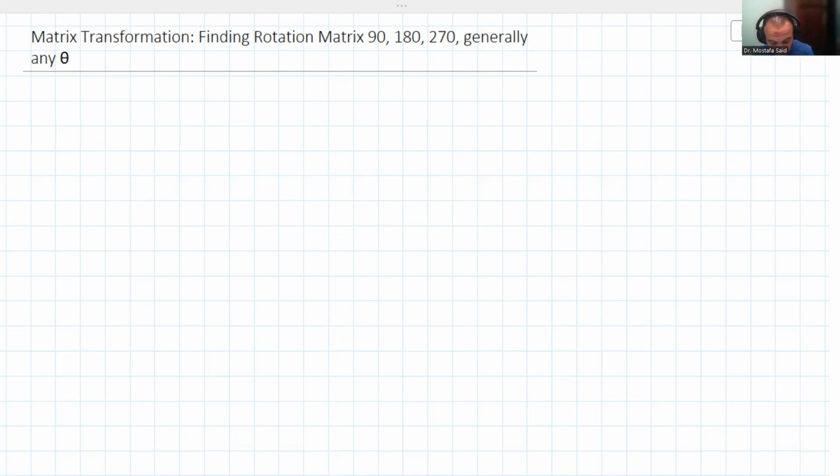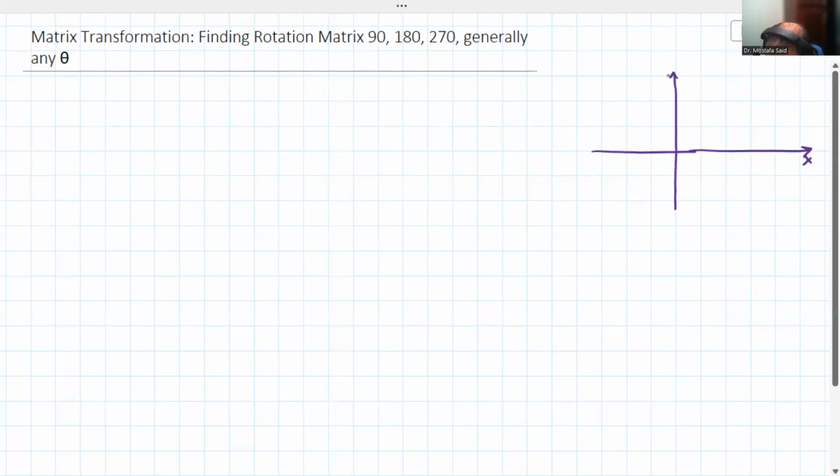So to give you an idea how to make a rotation, if we have a two-dimensional space like that, basically x and y. If we have a point in space like this one, let's assume this is 1 1. It's like a vector. We can connect it to the origin 0 0 and it becomes a vector.